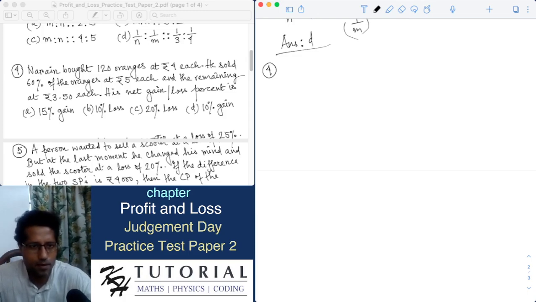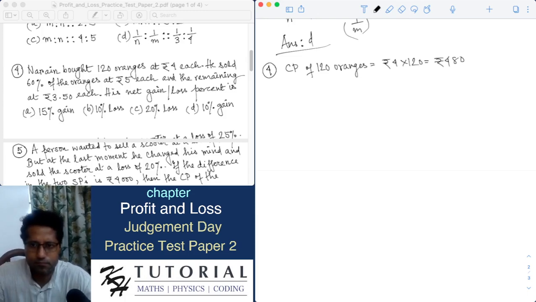It is given that Narayan bought 120 oranges at rupees 4 each. Therefore, the cost price of 120 oranges is rupees 4 into 120, that is equal to rupees 480.